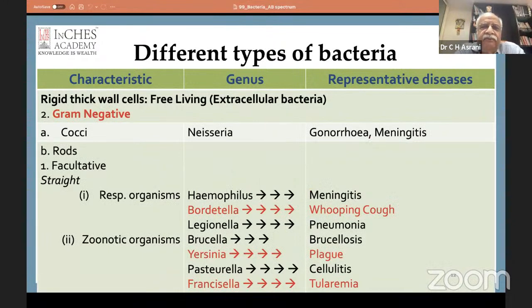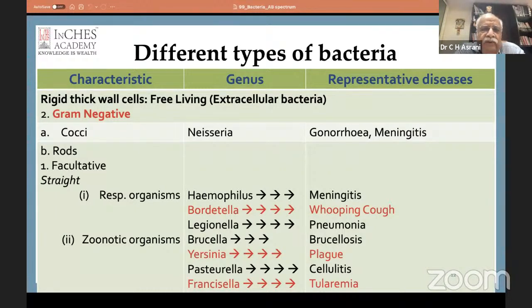Then in the same free living group, now we come to gram negative. Cocci: Neisseria, causing gonorrhea as well as meningitis. Rods: there are facultative and non-facultative.